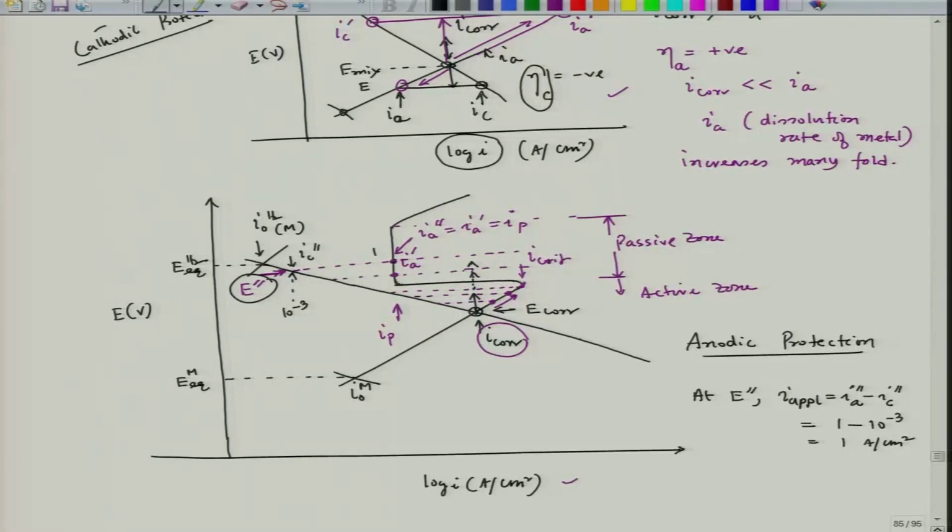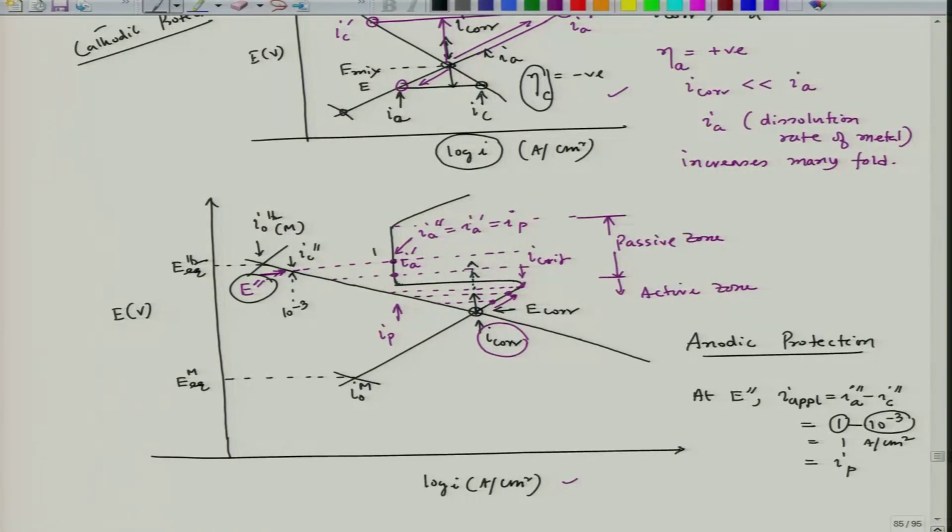So, this is the current amount you need to pass through that particular circuit in order to have the potential maintained at E double prime, and at that time the corrosion rate would be the same as I passive, because this particular cathodic current density is very low compared to the anodic current density. So, it will be least felt.